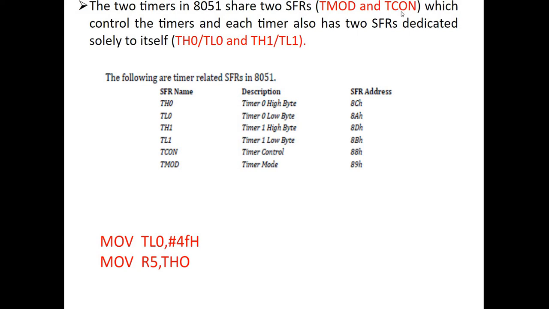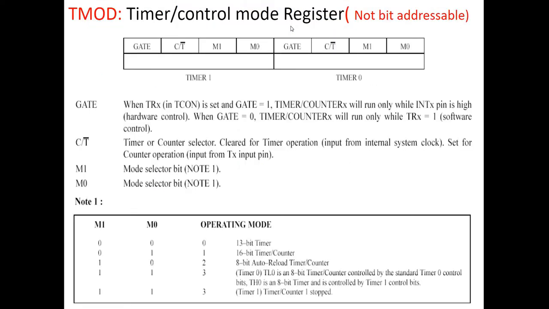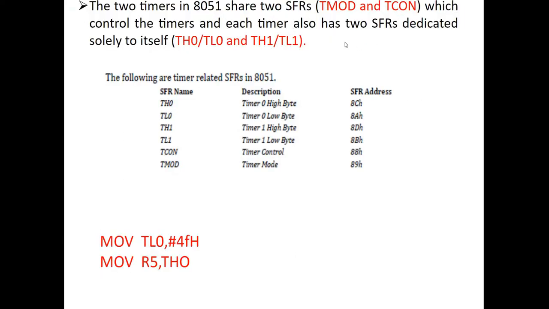So these two are used to control the timers, and these timers have special function registers dedicated to themselves, called TH0 and TL0. These are reserved for timer 0, and TH1 and TL1 are reserved for timer 1.